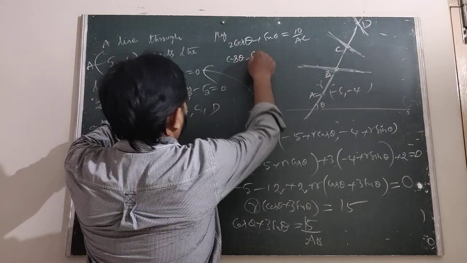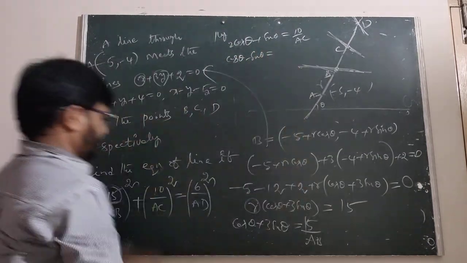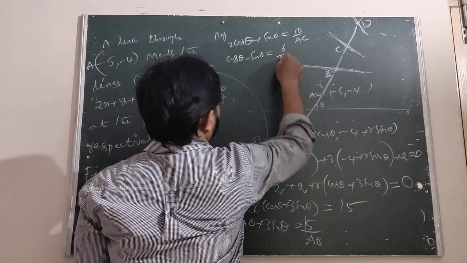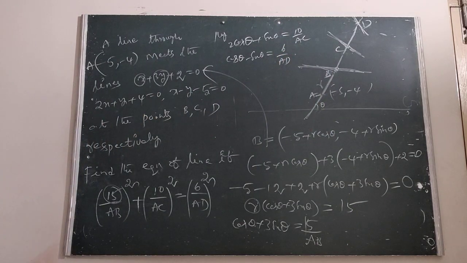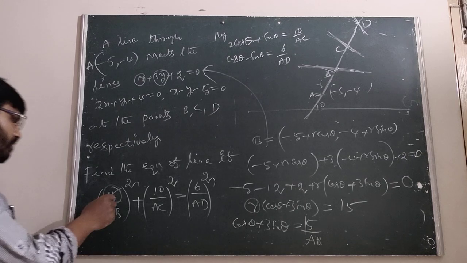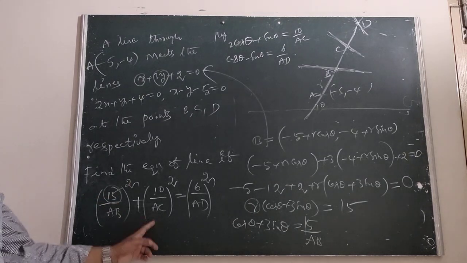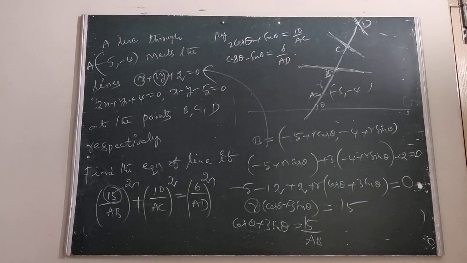Another one is x cos theta minus sin theta is the 6 by AD. Therefore, what is the given condition here? The 15 by AB whole square, 10 by AC whole square, 6 by AD whole square.